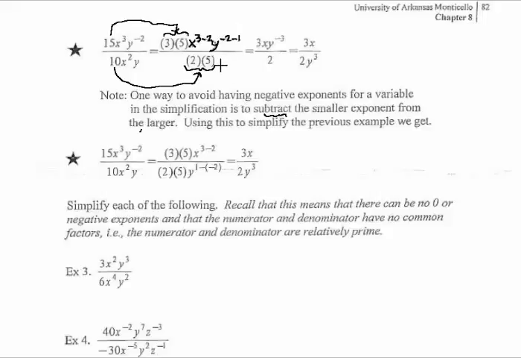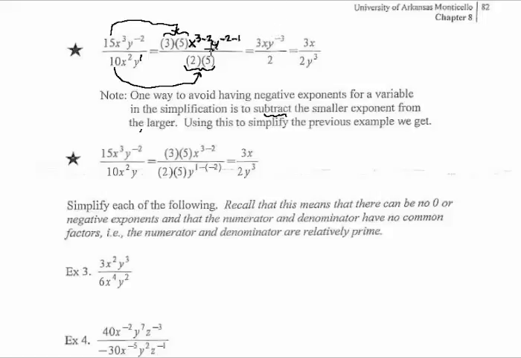The rule is usually set up to where you move the bottom variable and you combine it with the top. Okay, so they subtract the 1 from the bottom. For the y, this was a positive 1, and the quotient rule dictates that you subtract exponents. So minus 1 on the top.